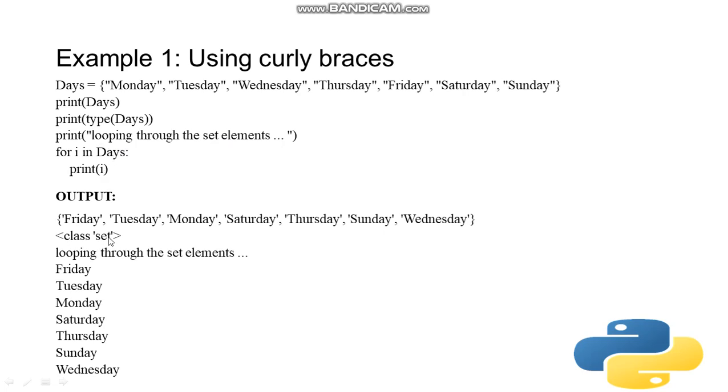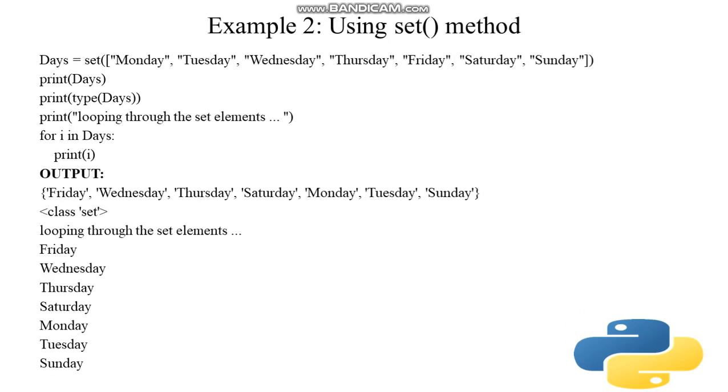So the output is going to be: when you write print days, it gives me the set. Then printing the type of days gives me the class set. And when I iterate through the for loop, it gives me all the elements one by one.